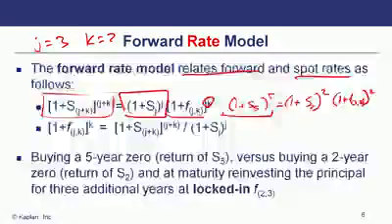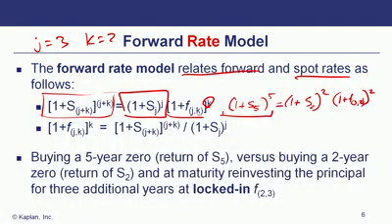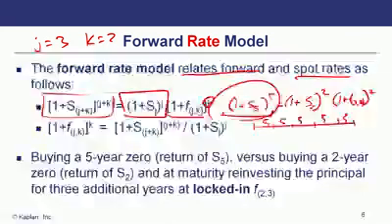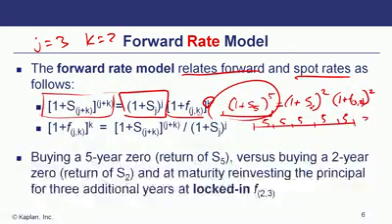Now, does that make sense? Well, let's think about it just a little bit more. What we're saying is, look, we have a 5-year rate, and on this 5-year rate we can earn 5% and 5% and 5% and 5% and 5%. So ignoring compounding, we're going to earn 25% on this investment.